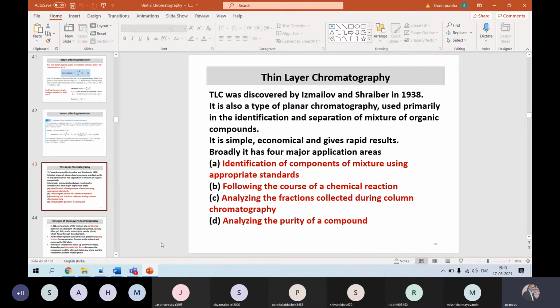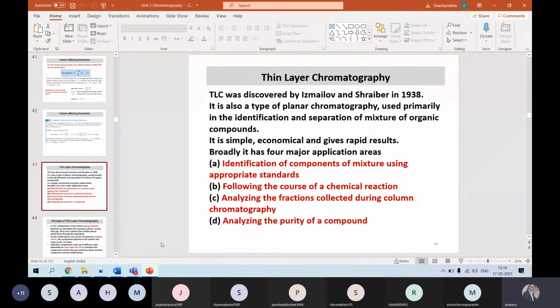Now the application areas include identification of compounds of a mixture using appropriate standards. This is something which we expect from any chromatographic technique. Resolution of different components in a given mixture, and their identity can be ascertained by, of course, having suitable reference standard substances.